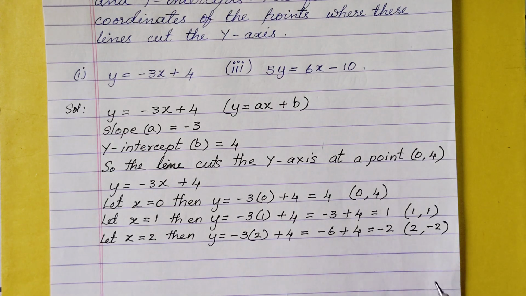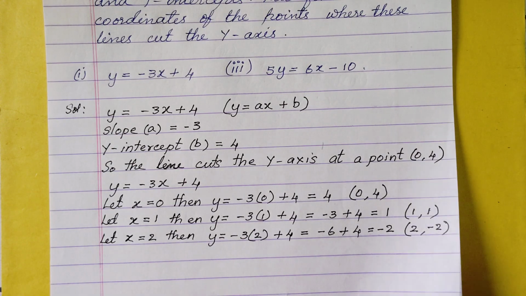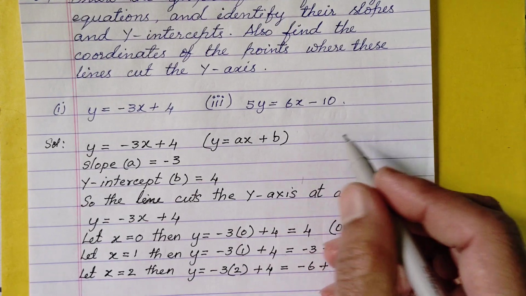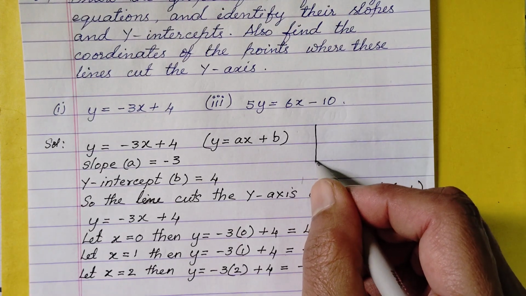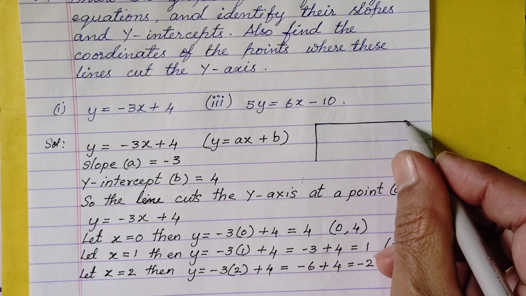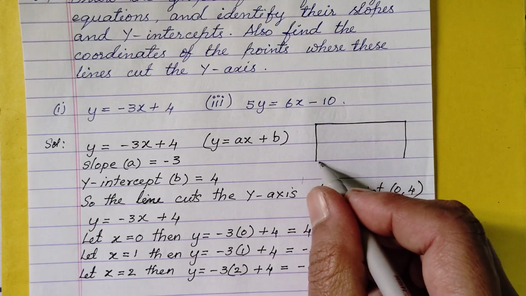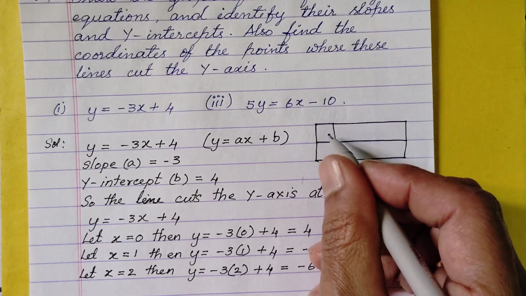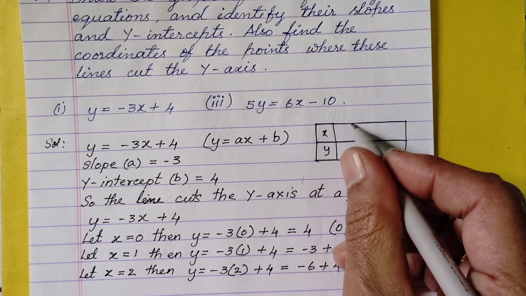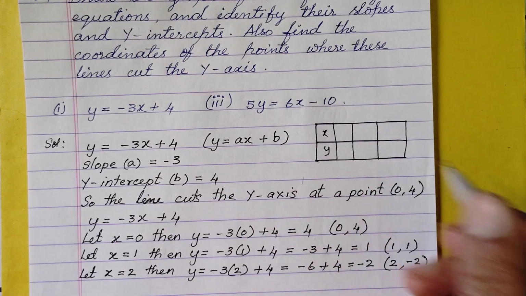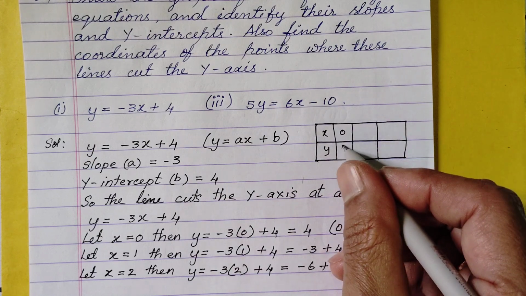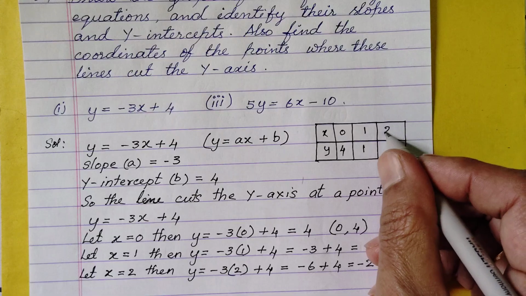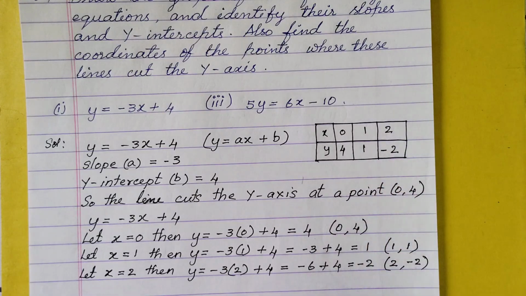So now we will put this in the box. So we'll put the box here. X, Y, 0, 4, 1, 1, 2, minus 2.